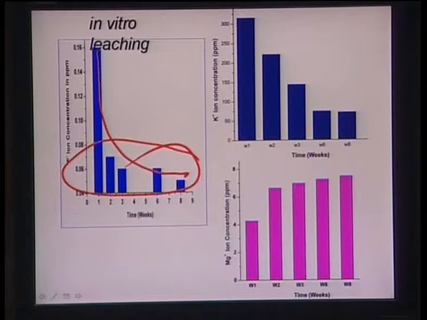As far as the potassium and magnesium ion concentration, the potassium concentration shows a systematically decreased value if you go from week 1 to week 8, and similarly the magnesium ion concentration shows more or less systematically increased values as you go from W1 to W8. What it means is that magnesium is more released into the solution, whereas the potassium concentration goes on decreasing with more leaching time in the solution.